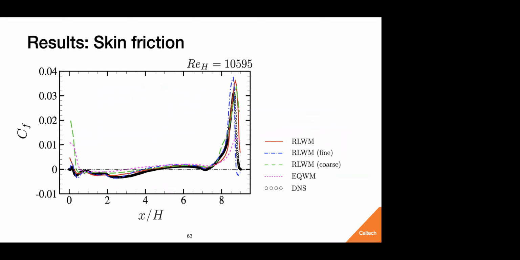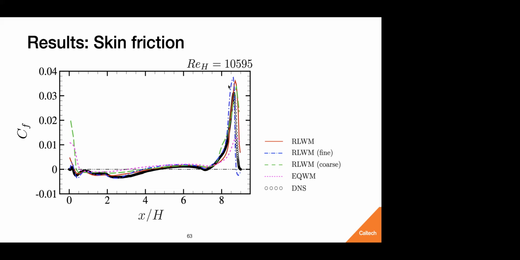And here, if you look at this zero crossing line, you can see that the separation bubble is very, very small compared to what is predicted by this black line here. So again, these are expected, that the equilibrium model deviates from the true flow when you have pressure gradient effects, and you can see that here.